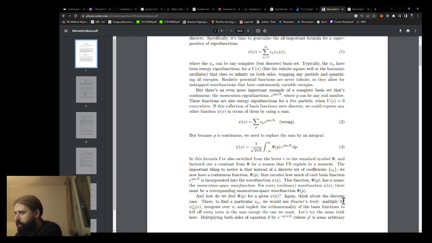Again, think about the discrete case. There, to find a particular c, you use Fourier's trick: multiply by the conjugate basis function, integrate over x, and exploit the orthonormality of the basis functions to kill off every term in the sum except the one we want. Let's try the same trick here.